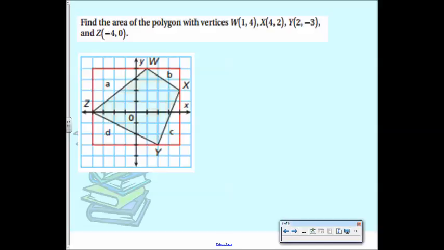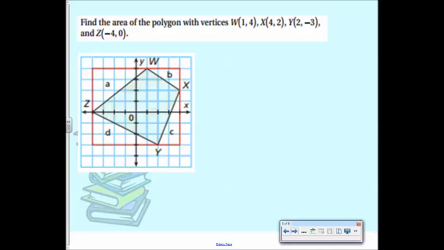All right, so does anybody have any idea what we could do if I draw that rectangle around it, Mariah? Find the area and then take away those triangles. So what Mariah said is we can find the area of the rectangle and then take away the triangles, triangle A, B, C, and D. Why is this easier?